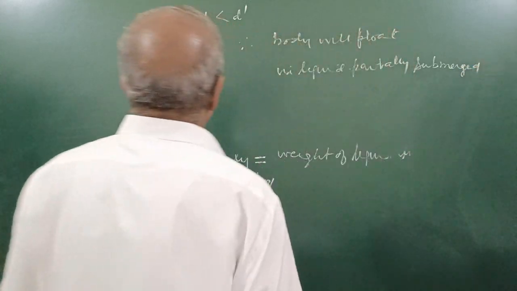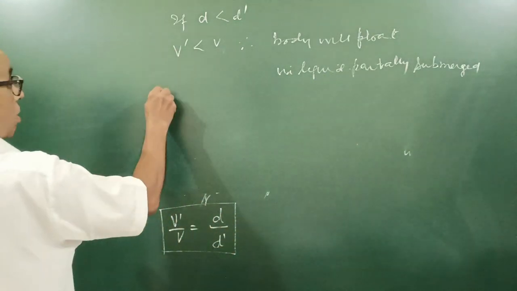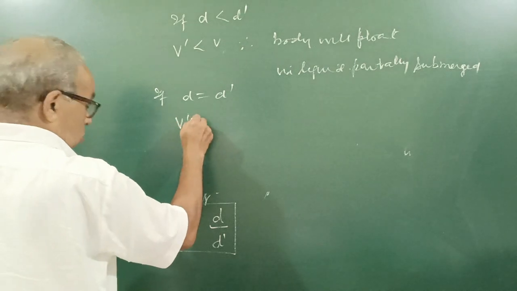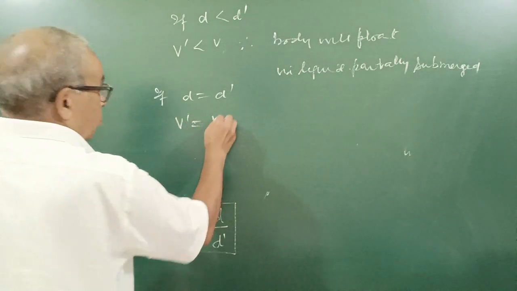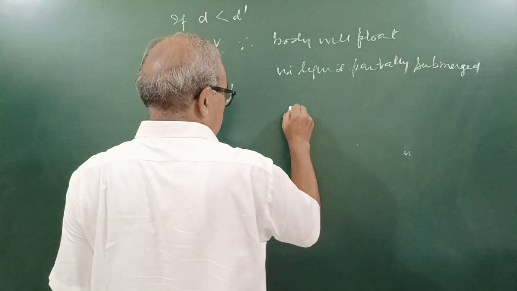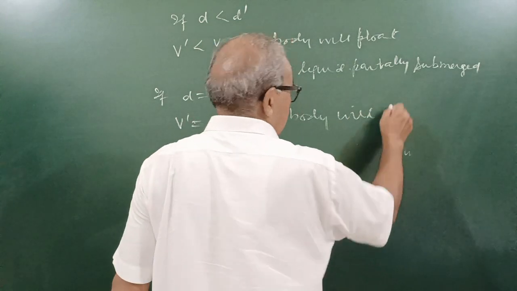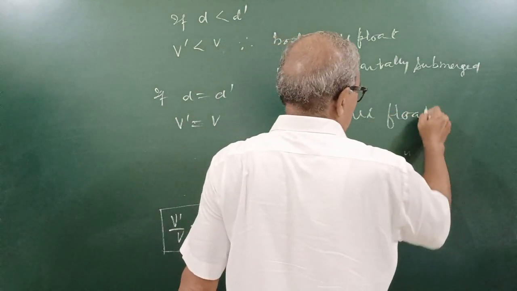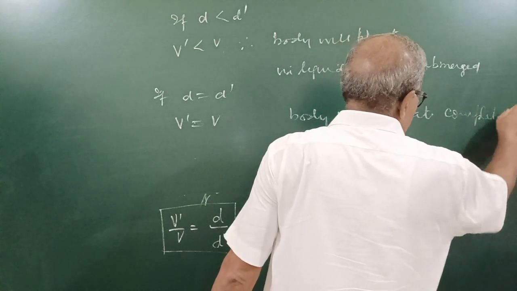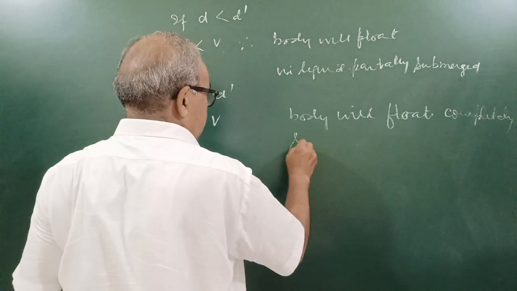Now if D equals D dash, V dash equals V, and the body will float completely submerged.